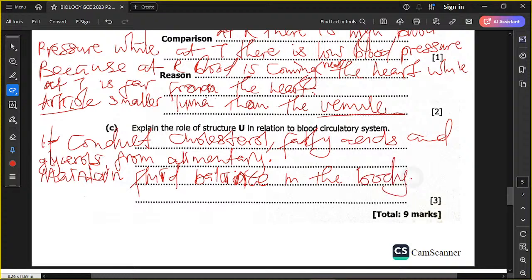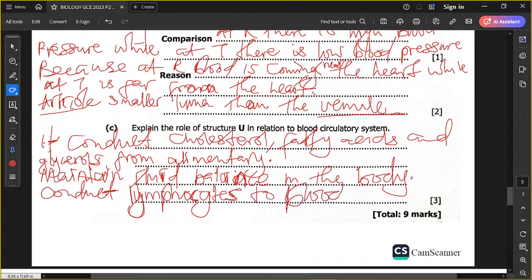The last one: to conduct lymphocytes to blood.